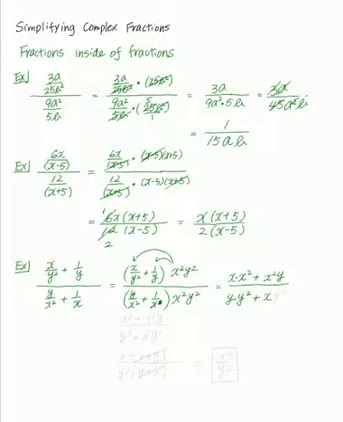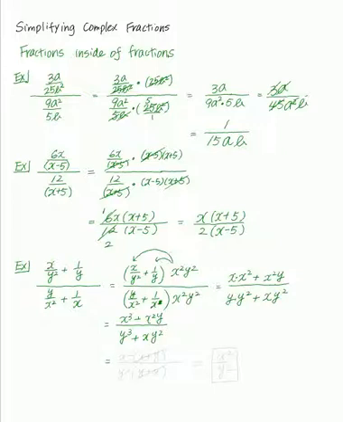I'm going to be left with x, y squared. This one is messy. Cleaning up the numerator, x squared times x is just x to the third, plus x squared y, over y to the third, plus xy squared.